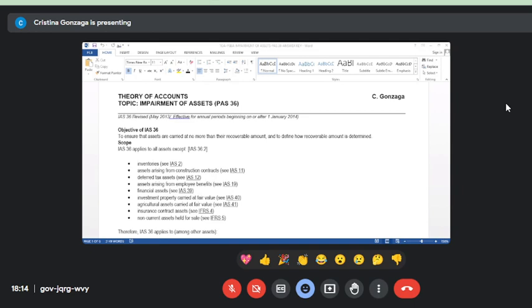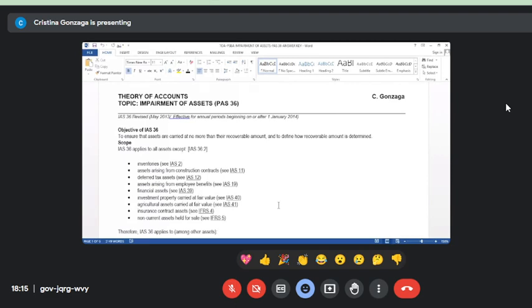All right, let's start. Okay. So, lesson on impairment of assets. Now, we say that impairment would mean it may be a physical deterioration. How do we know that an asset is impaired?